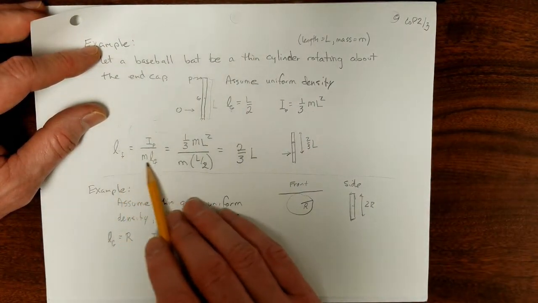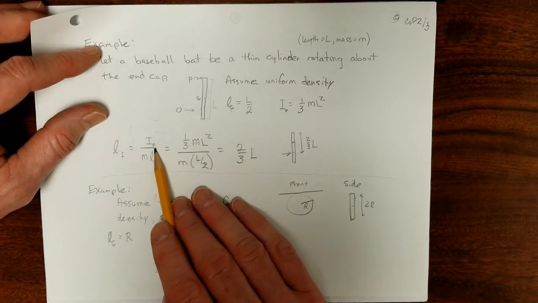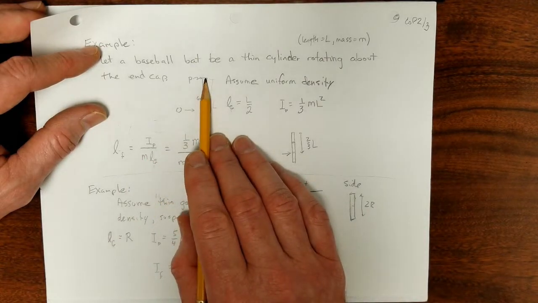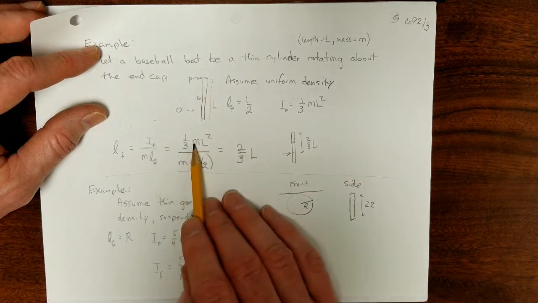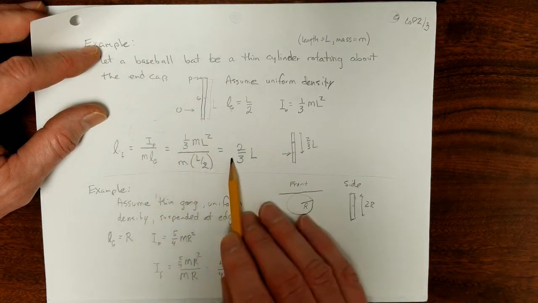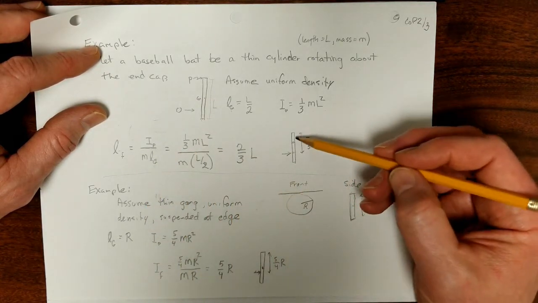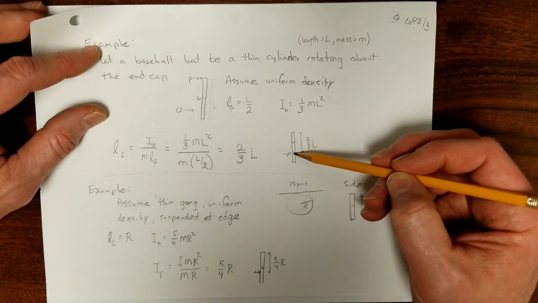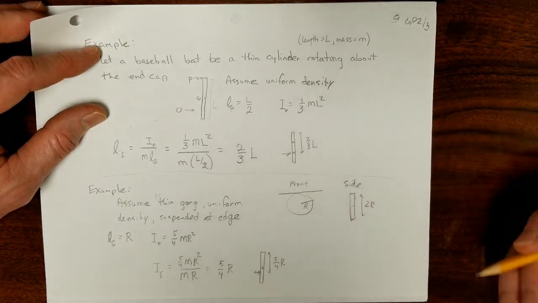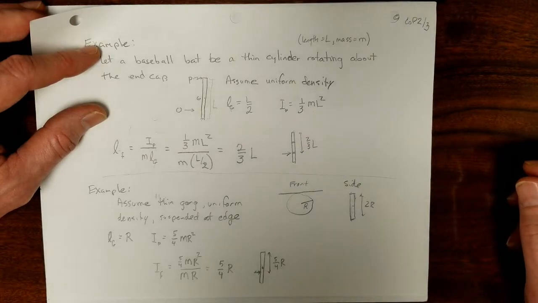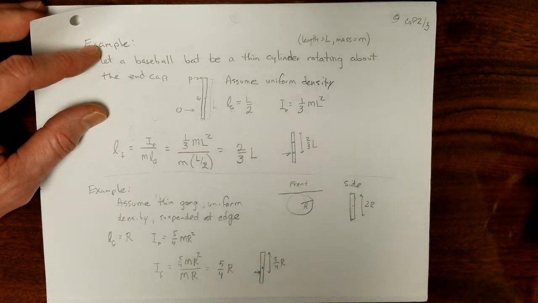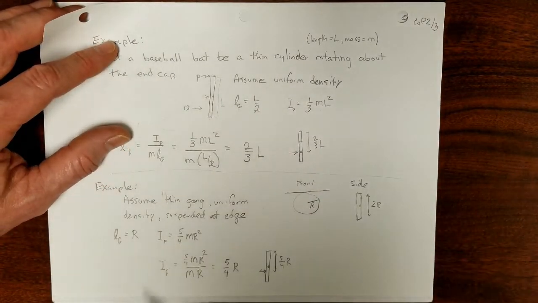So L sub F would be the moment of inertia of the bat cylinder rotating about its end, divided by m L sub G, and you end up with 2/3 L. So the optimum place to hit it would be basically 2/3 of the way along the bat, typically known in baseball as the sweet spot of the bat.